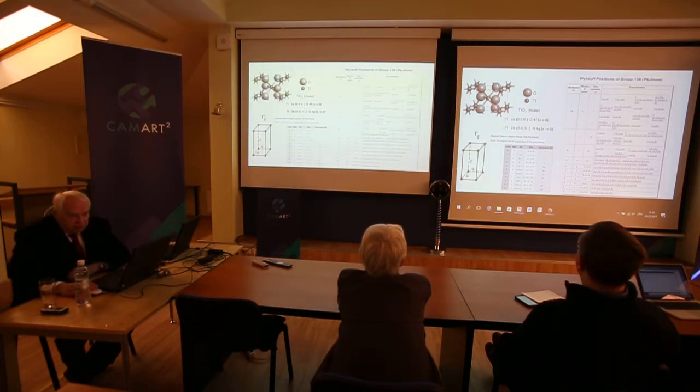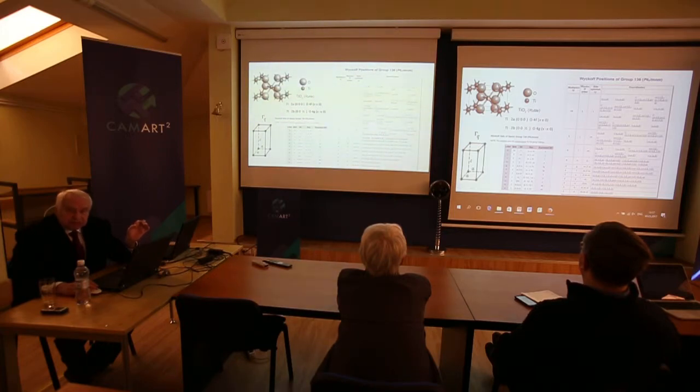Try to rotate it along the fourth order axis over 90 degrees. What happens? This titanium, being at the origin of the coordinate system, will not move, because you have a fourth order axis which goes through this atom.